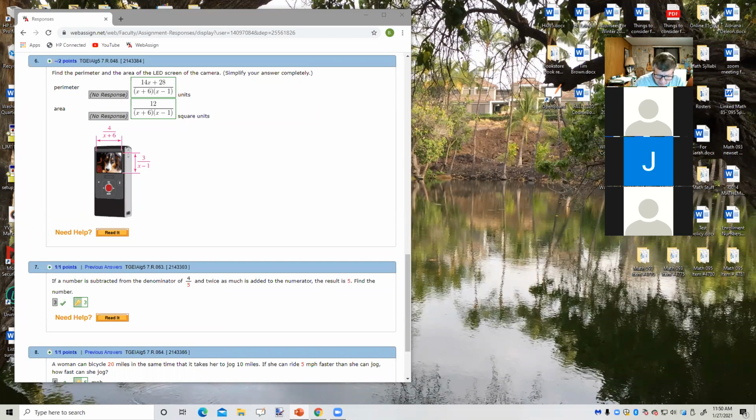All right. So basically, the problem involves a rectangle that has a picture of a dog on it. The distance across the top is 4 divided by x plus 6. The distance along the height of it is 3 over x minus 1.